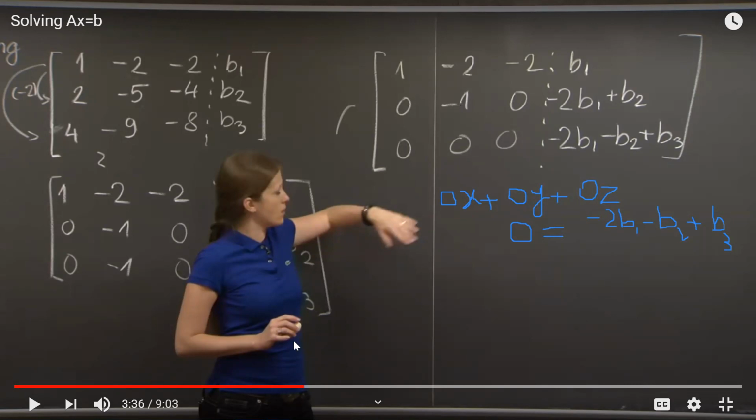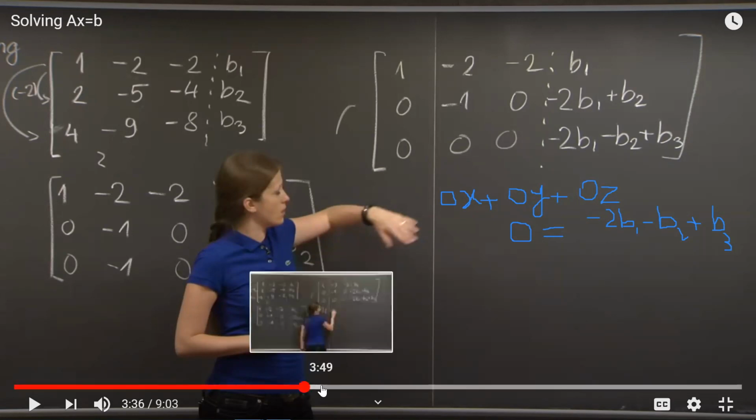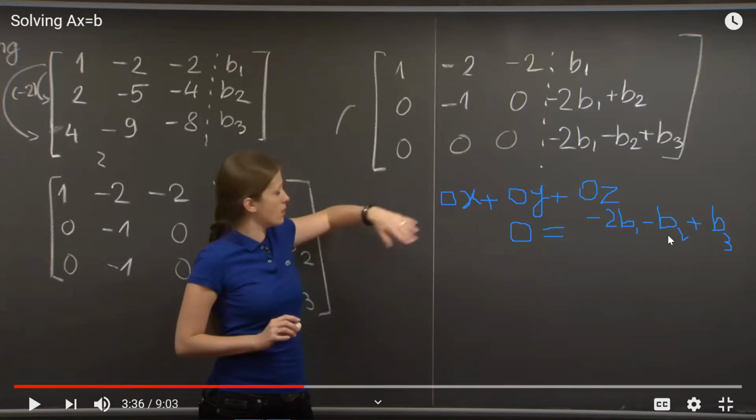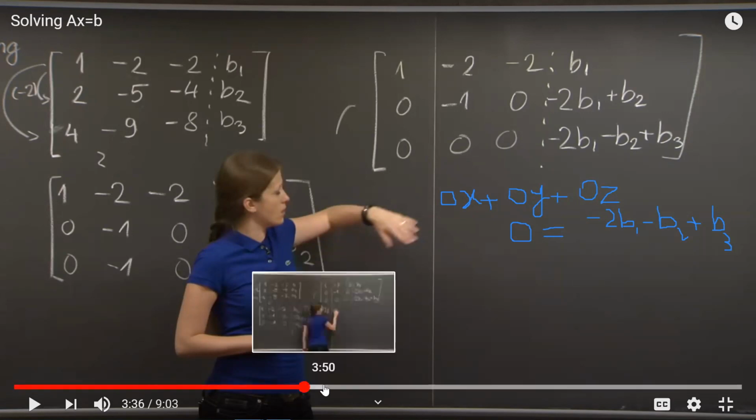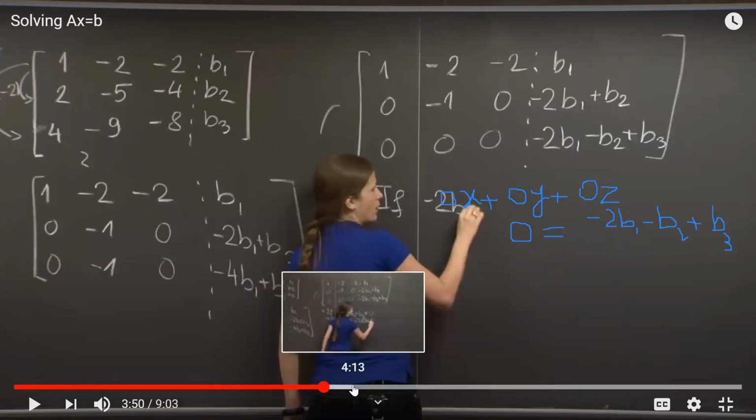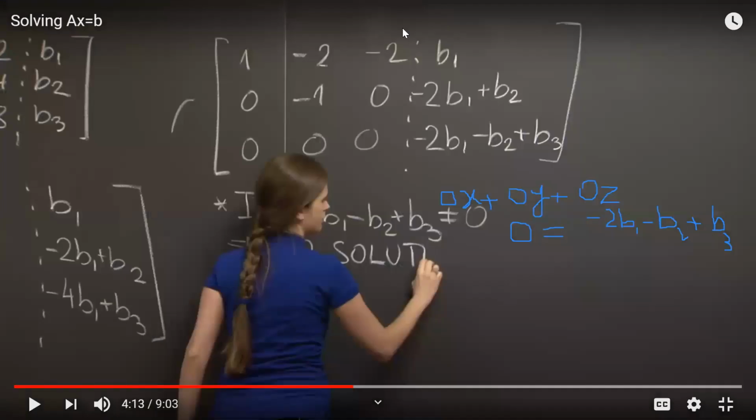Okay. So let's proceed and assume that minus 2b1 minus b2 plus b3 is 0. Now I would like to first remove those entries that I just put in.